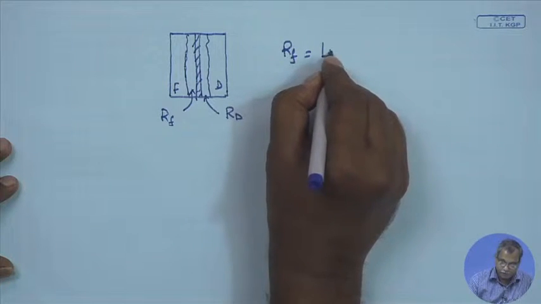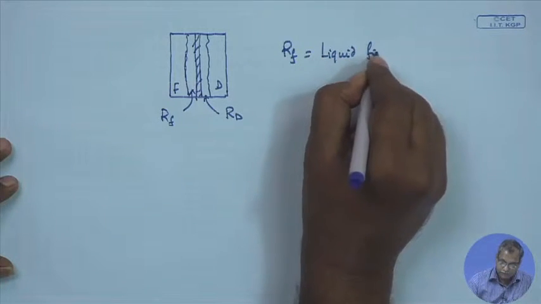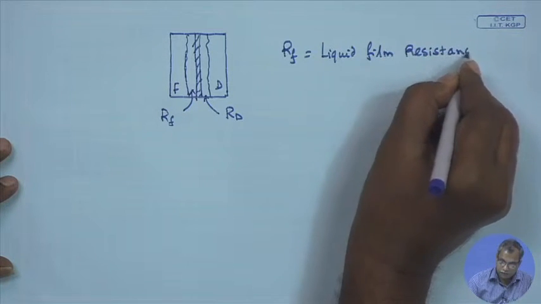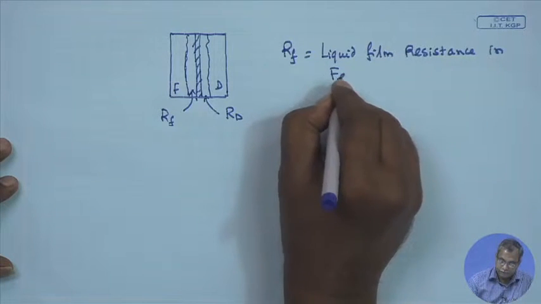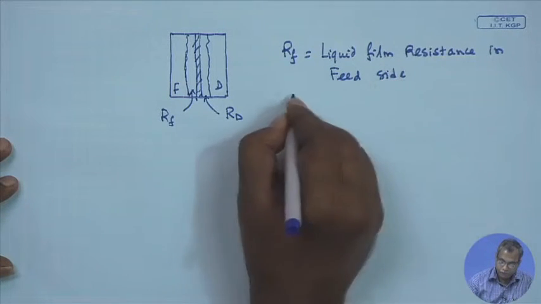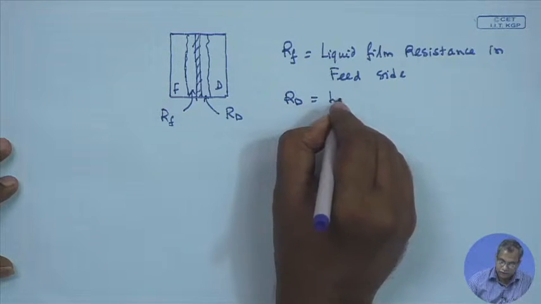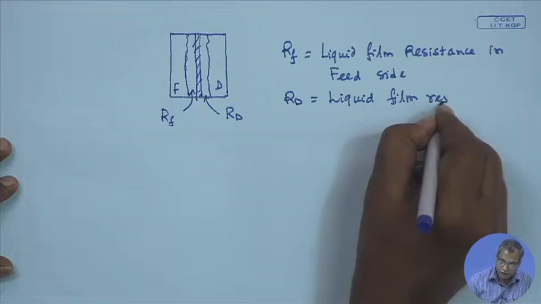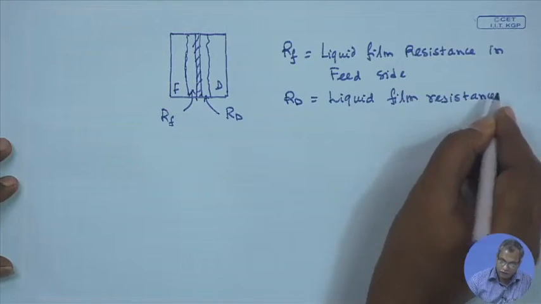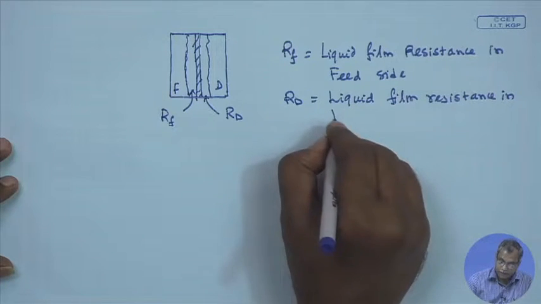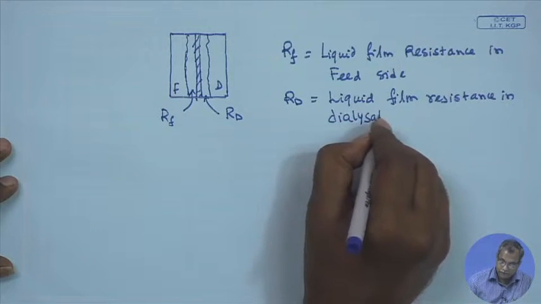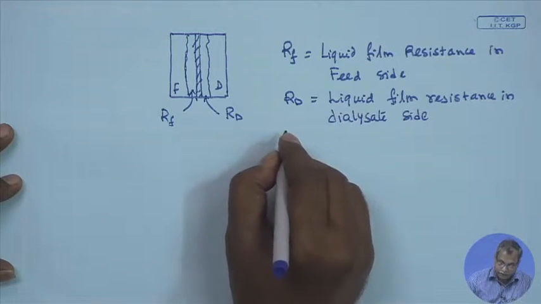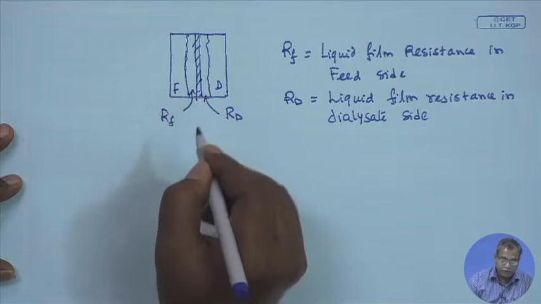Rf is the liquid film resistance in the feed side, Rd is the liquid film resistance in the dialysate side, and this will be the diffusivity in the membrane, so this is the membrane resistance.